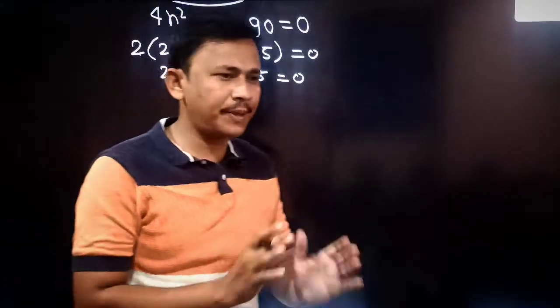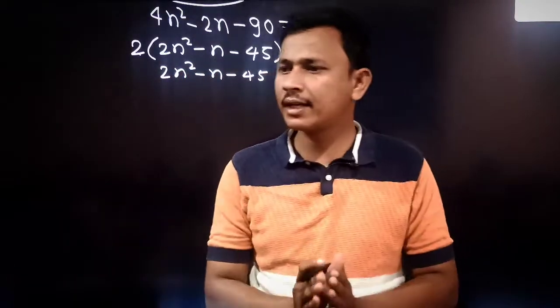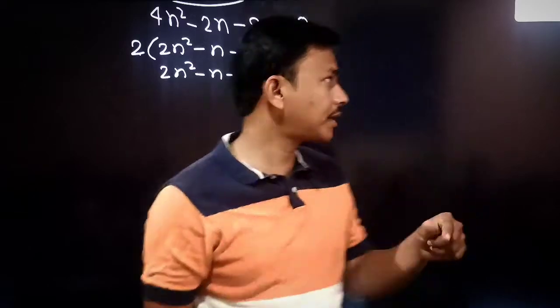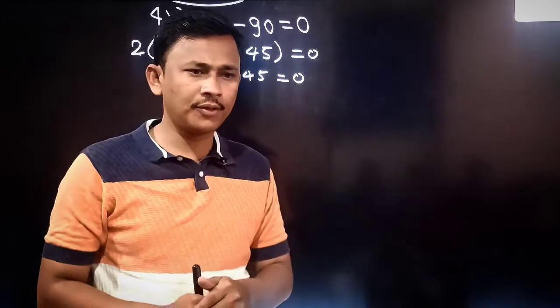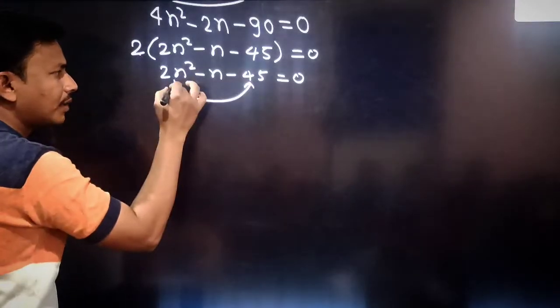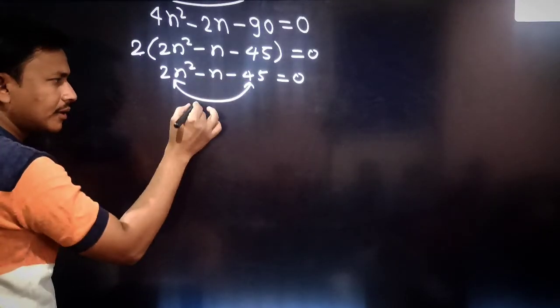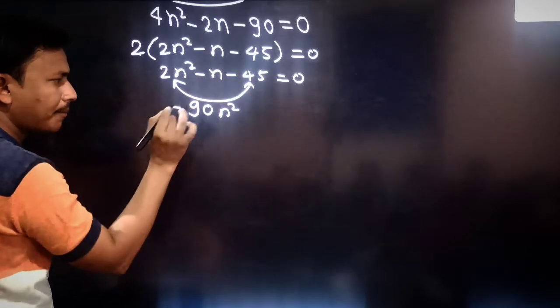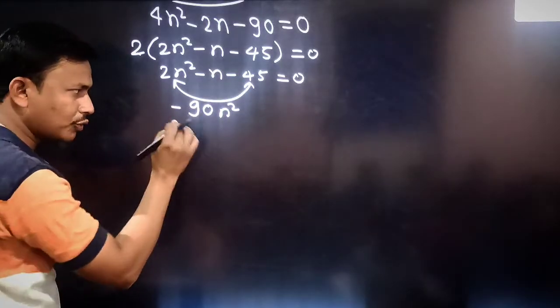We need to split it. Split the middle term into 2 parts. If you add them, you must get minus n. If you multiply them, what do you need to get? 45 2s are 90, so minus 90.